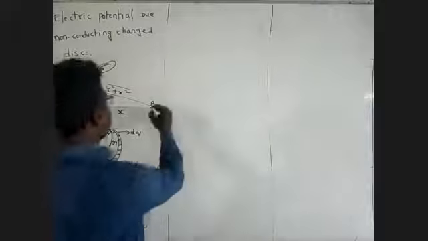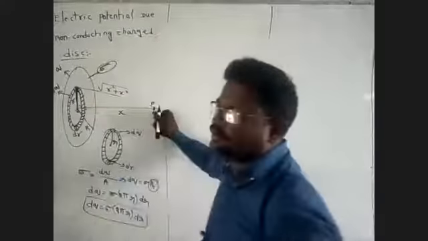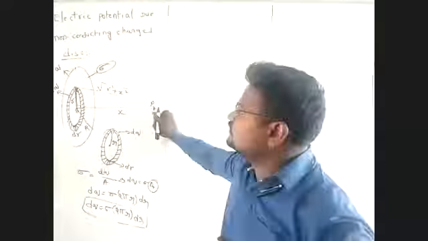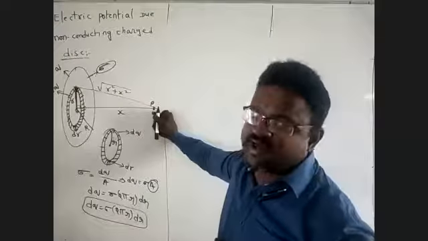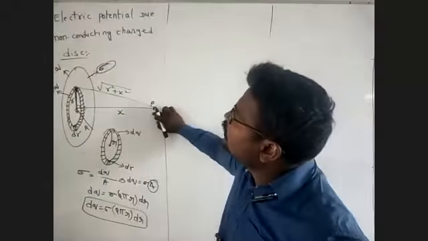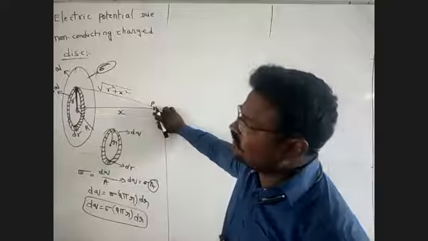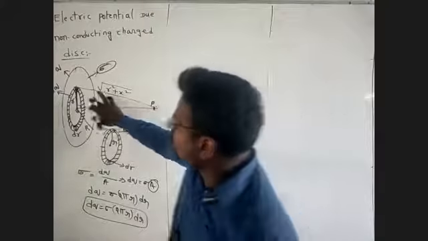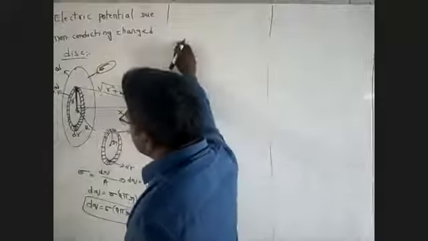At this point, we have to find the electric potential. Let us find the electric potential at a point on the axis of the non-conducting charged disk, due to the charge on the small element.